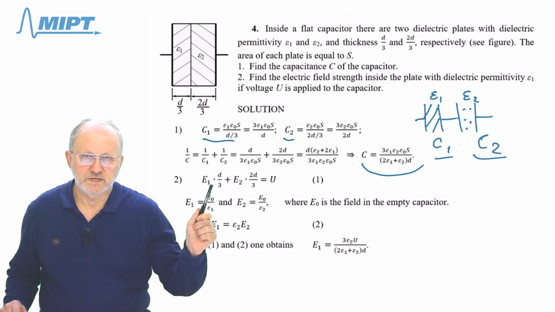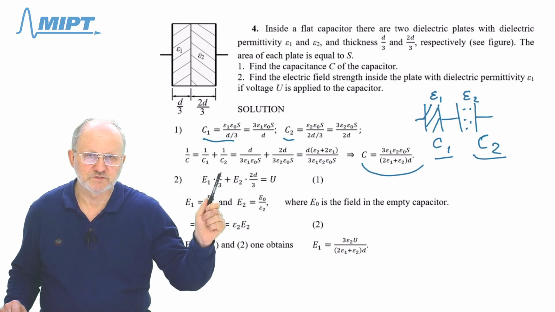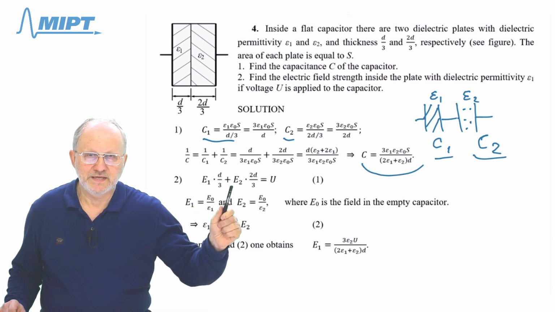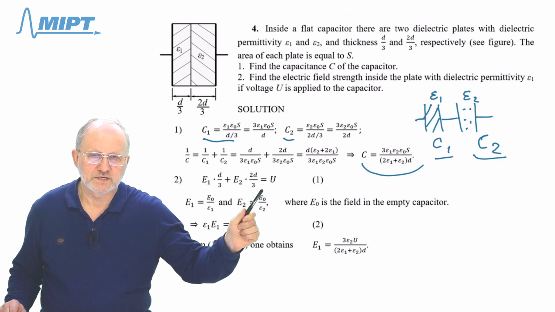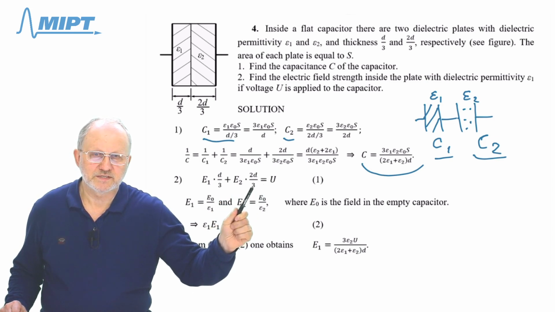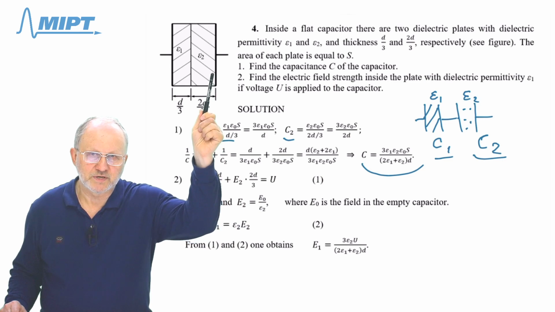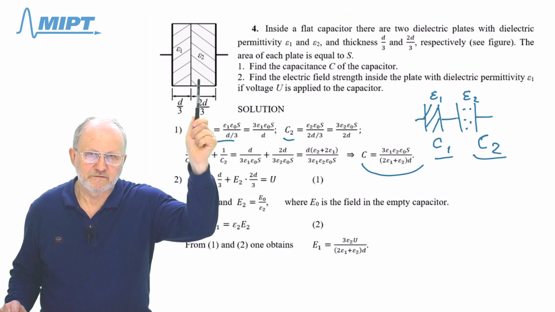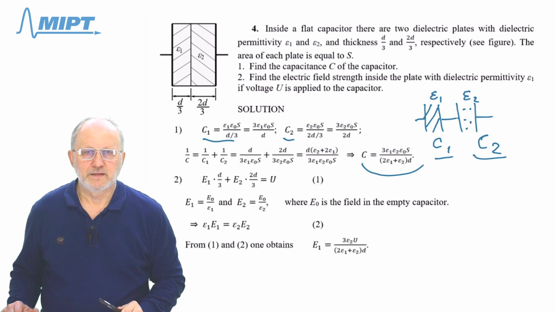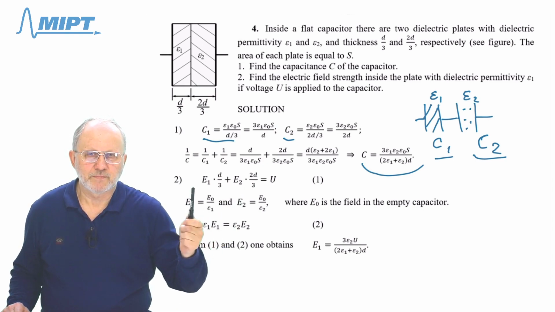If we know this electric field strength, then multiplied by the distance between the plates of the first capacitor, we obtain the voltage between the plates of the first capacitor. And if we add another voltage, which is on the second capacitor, then we obtain the voltage U applied to the original capacitor between the two plates here. This is equation number 1.